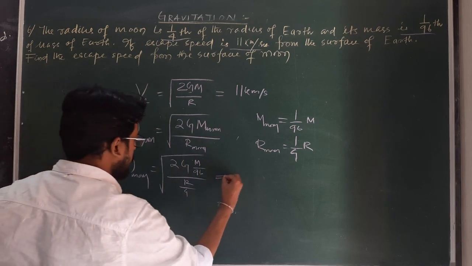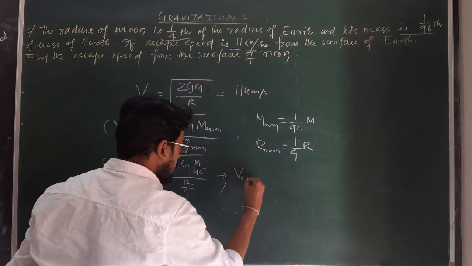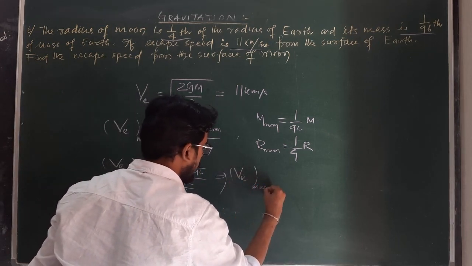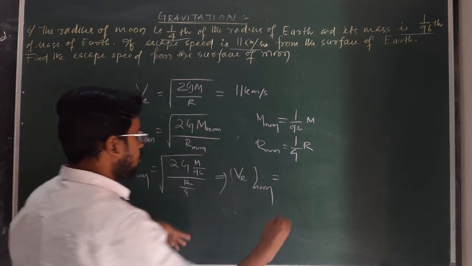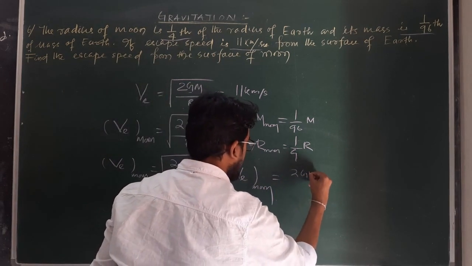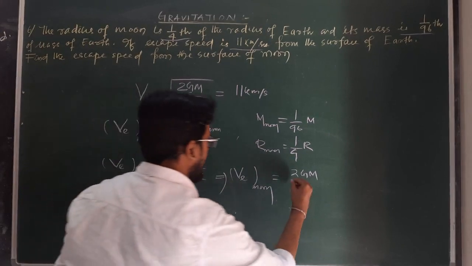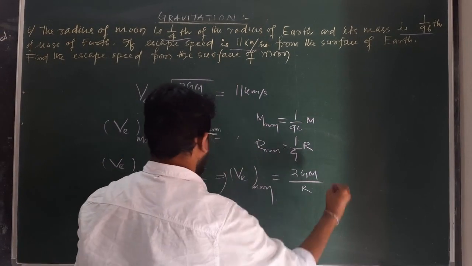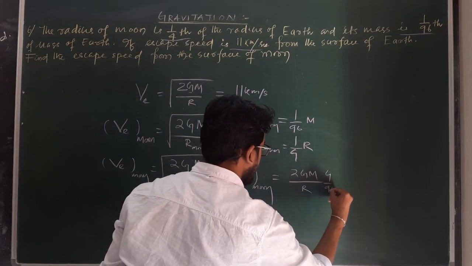So we can write the escape velocity for moon as under root of 2GM by R into 4 by 96.